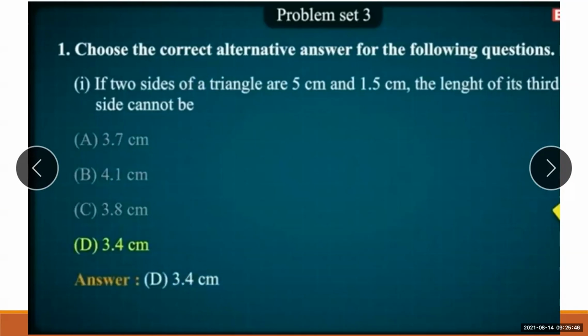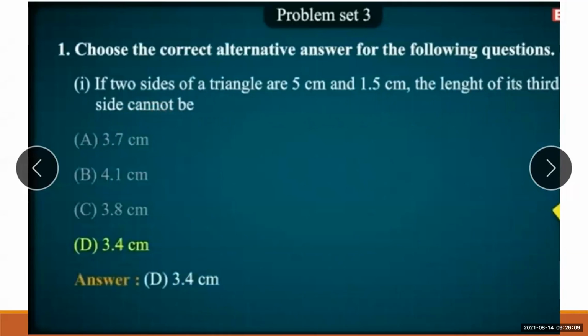See the first sub question: if two sides of a triangle are 5 centimeter and 1.5 centimeter, the length of its third side cannot be.